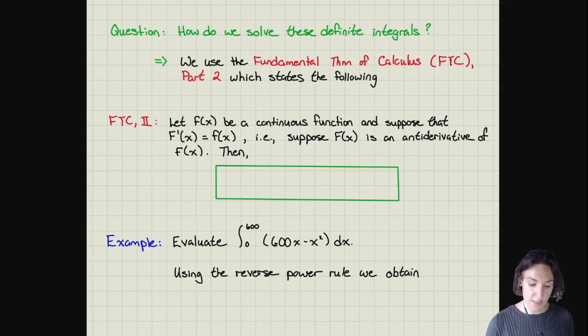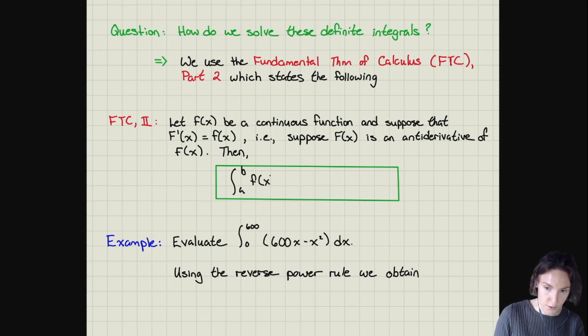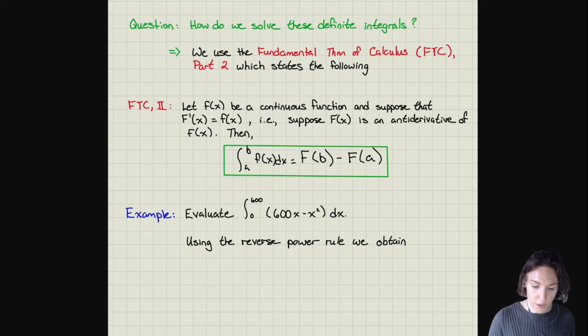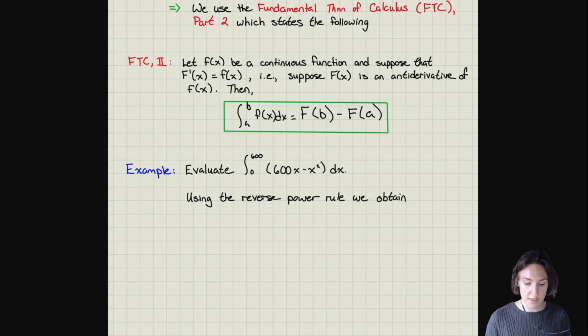But what this theorem says to us is that if we have a continuous function, and say we know what its antiderivative is, then in order to evaluate that definite integral going from a to b for that continuous function, I'm going to take my antiderivative, whatever that answer is, and I'm going to plug in the top endpoint, and then I'm going to subtract it by plugging in the lower endpoint into my antiderivative. Okay, and sorry, this is capital F, the antiderivative.